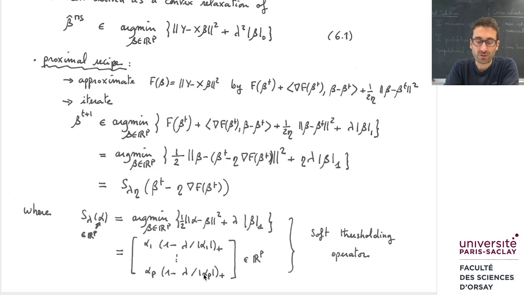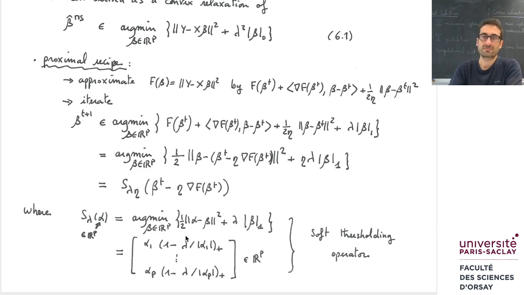If alpha p is smaller than lambda in absolute value, this also will be equal to 0. So what does the proximal method do? It looks at the gradient update, and it sets to 0 all the values which in absolute value are smaller than eta times lambda. So this is a first effect of soft thresholding, but there is a second effect.